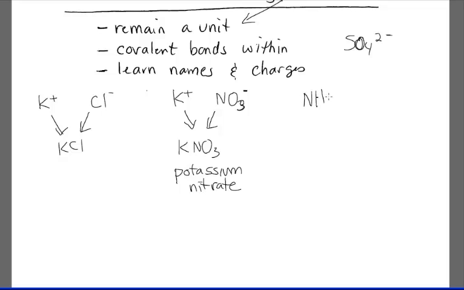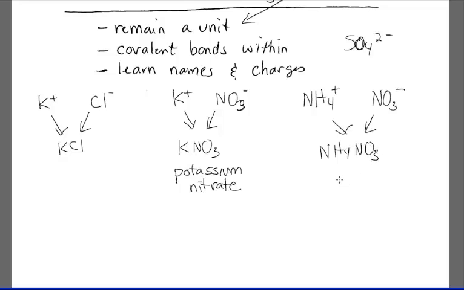It's also possible for the cation to be a polyatomic ion. This is ammonium, so you can combine that with nitrate. It's a 1-to-1 ratio in charges, so it's simply NH4NO3.